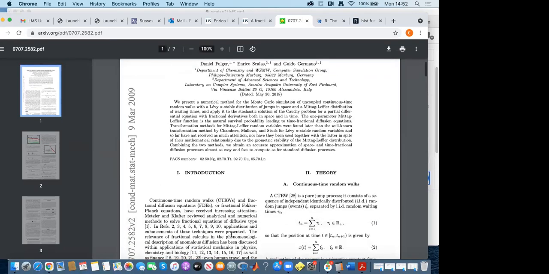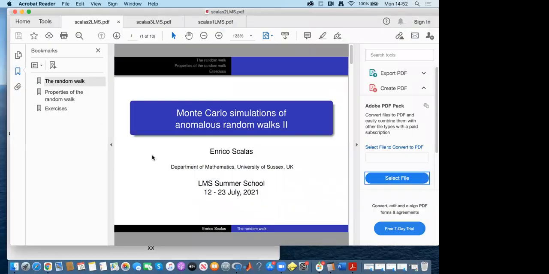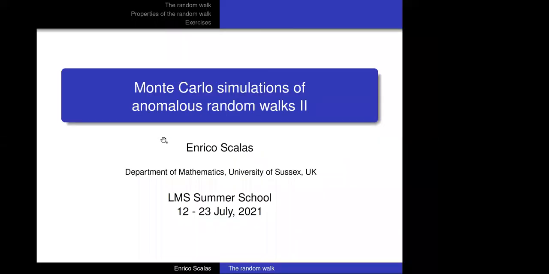So one of the ingredients of this process is the random walk. So what is a random walk? And this is what the second presentation is about.